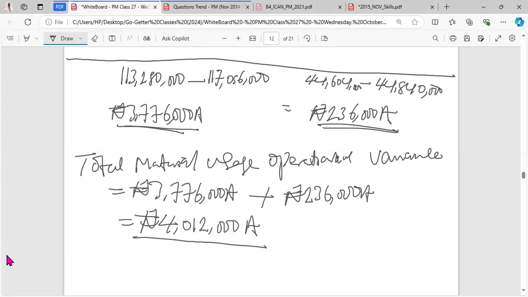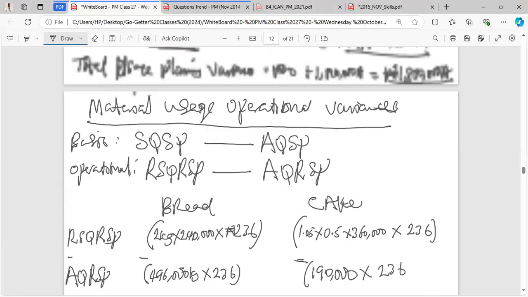So did you see what it cost the company? They spent 4 million more than what they are supposed to spend in usage.